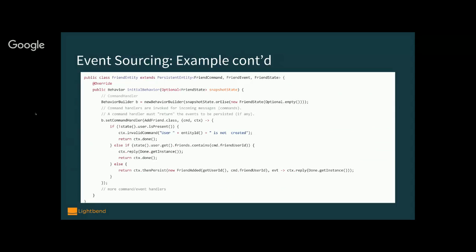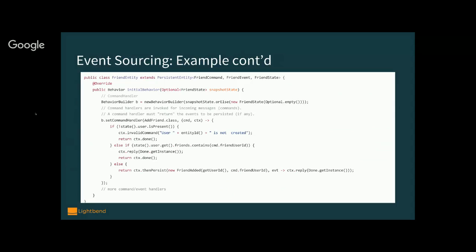If it is present, then we're going to get it, and we're going to see if it contains that friend already. If that friend does already exist, then we're not going to add it, and we're just going to return the current context because this friend that you're trying to add has already been added.